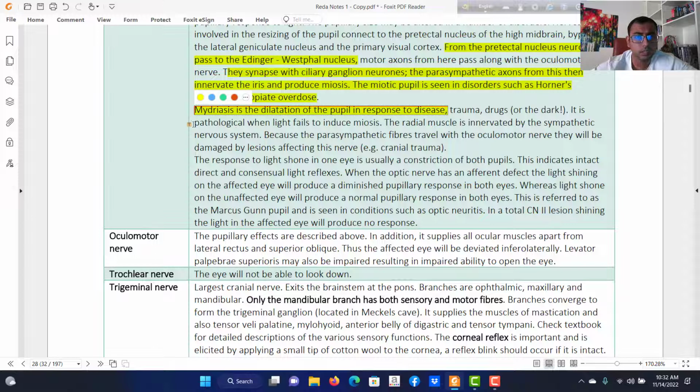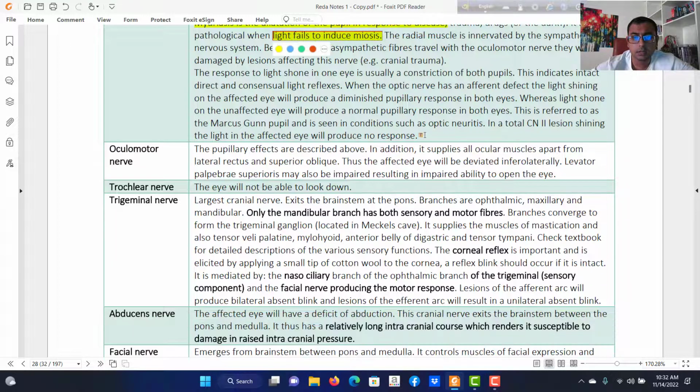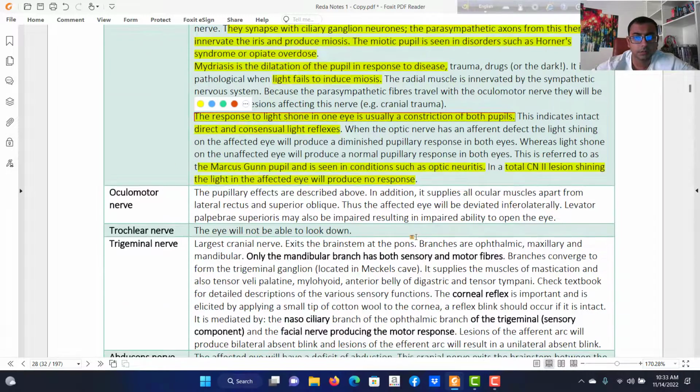If it is pathological, then light fails to induce miosis. So these are the things of optic neuritis. Then shining of the light fails to produce a response. So consensual and light reflex related problems may be related to optic nerve damage.